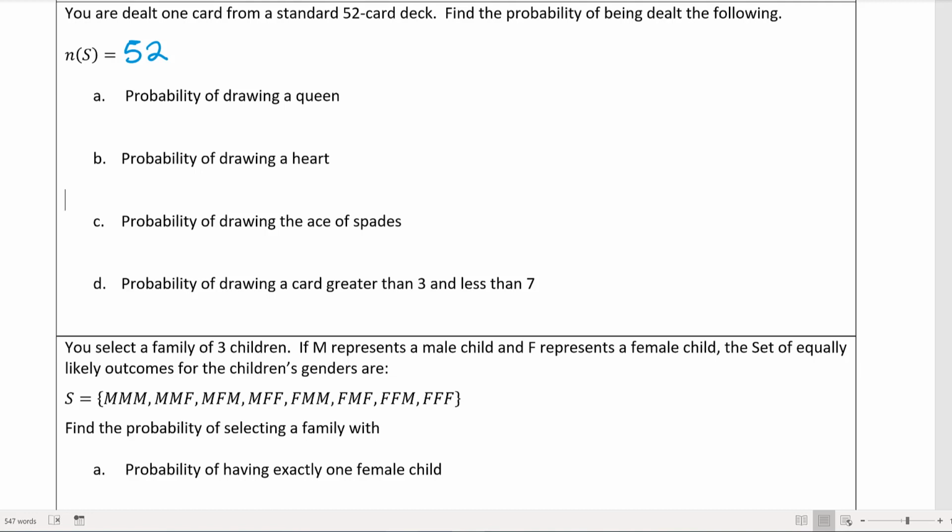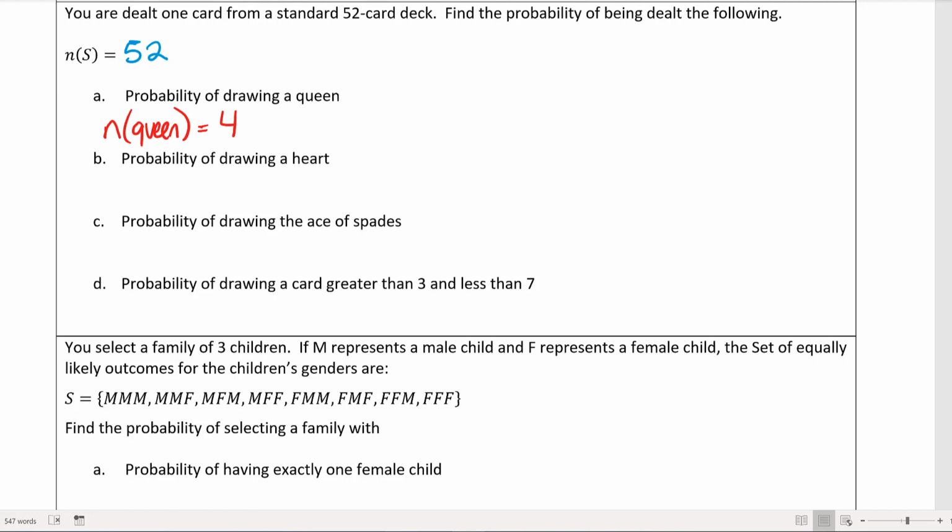Now the probability of drawing a queen. First I want to talk about the event and the number of ways we could get a queen. There are 4 different ways we could get a queen: the queen of diamonds, the queen of hearts, the queen of spades, and the queen of clubs.